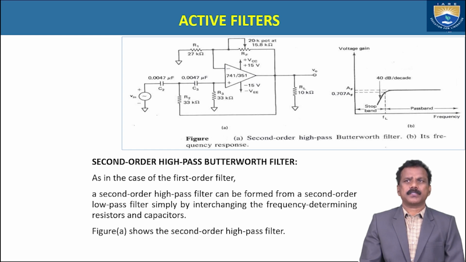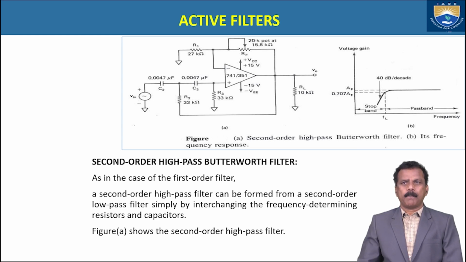We can write the voltage gain V0 by Vin at those frequencies, and usually verify the frequency response of the given second order high pass Butterworth filter.